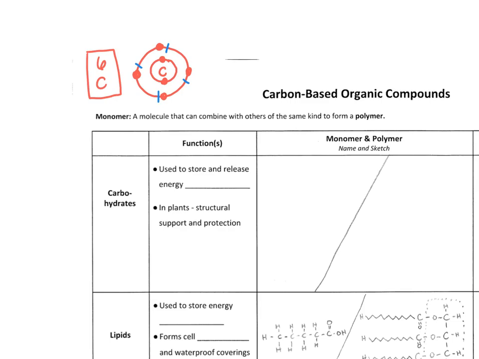If we were to summarize, we have 4 unpaired electrons, which means that this atom can form 4 covalent bonds.